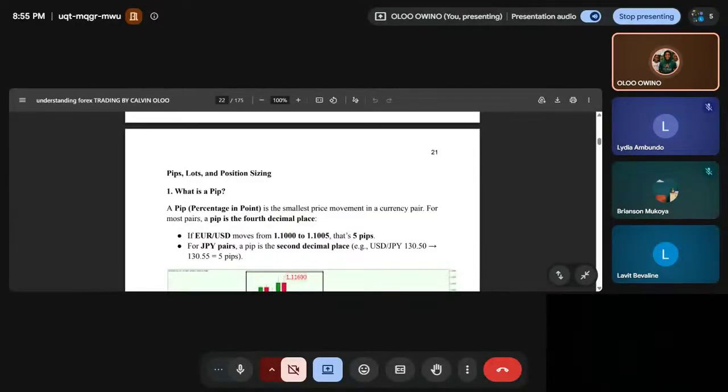For JPY pairs, the pip is the second decimal place. For example, USD JPY at 130.50 moves to 130.55, it has moved 5 pips. For most currency pairs, we use the 4th decimal point as the pip calculation.